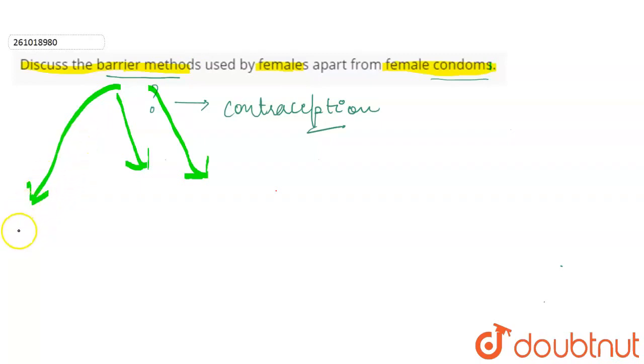So those barrier methods are vaults, next come the diaphragms, and the cervical caps.